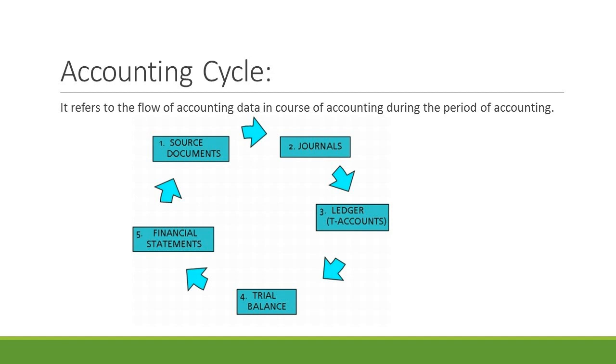In such ledger accounts we will post all the journal entries. And coming to the fourth step, we will write it in the trial balance. It is a different concept in the account. We will learn it in the further classes. So we will be taking out the trial balance.